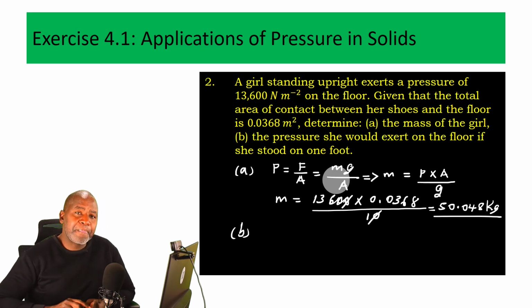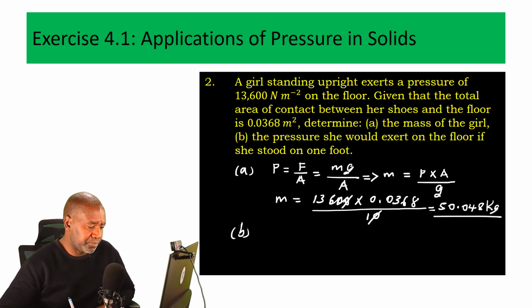So here, there are 2 methods you can use. You can just directly quote this and say that the new pressure is going to be doubled. It will be twice. Because the area has been halved, it will be twice this.